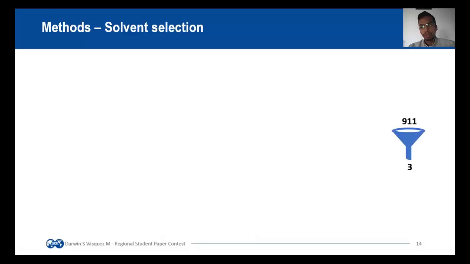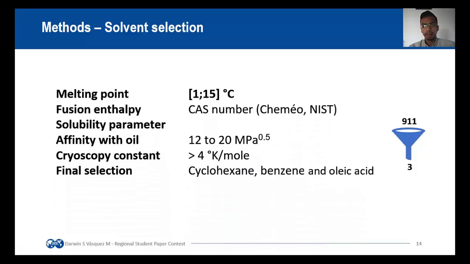Under the previous considerations, I applied a series of filters to get three solvents from a list of 911. Initially, the solvents were taken with a melting point between 1 and 15 degrees Celsius. I searched the fusion enthalpy through the CAS number in Denise and in Chemeo, considering measured properties. Solubility parameters were used to identify the affinity between oil and solvents, considering a range between 12 and 20.